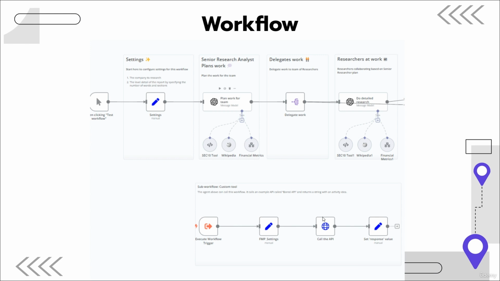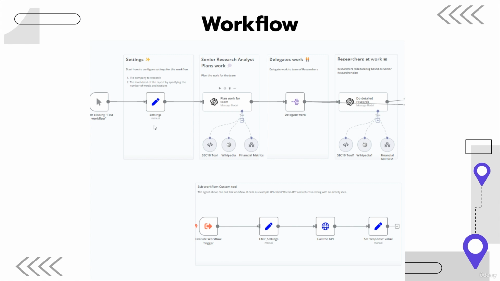It will then call the API or the function call that has the information that we need, and then it's going to return the value. Within our workflow, we're going to give it access. We're going to call it the financial metrics tool here, and then we're going to associate that with the senior research analyst. We're also going to give the researchers at work access to this tool. So that's what we're going to build, and it'll give you a sense of how powerful this tool is.